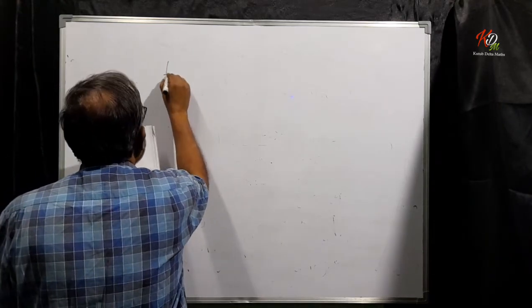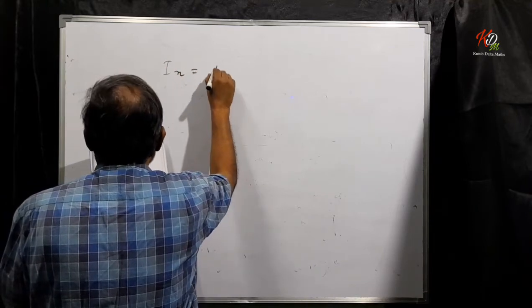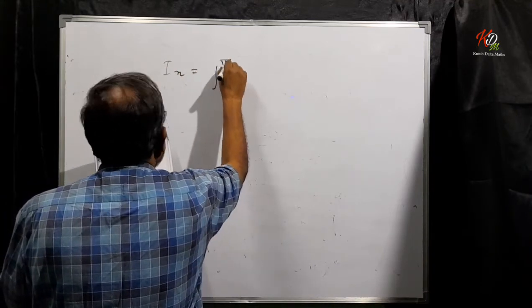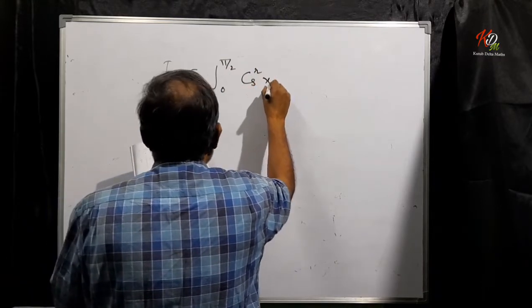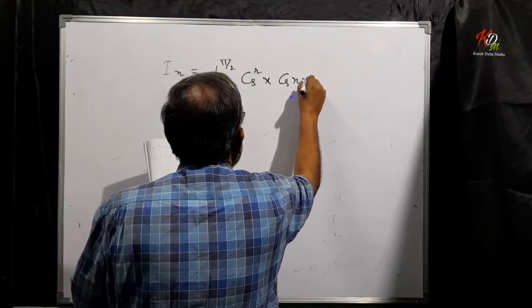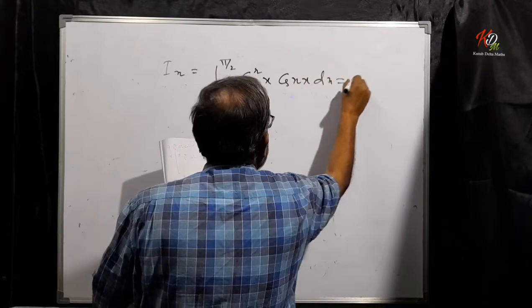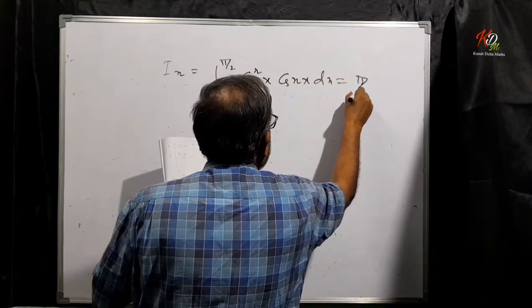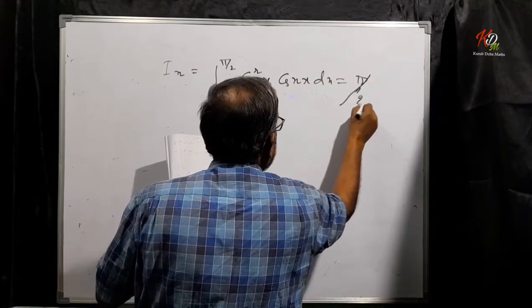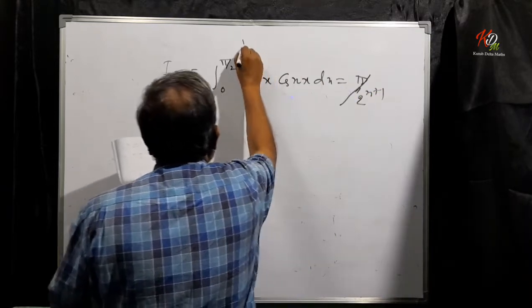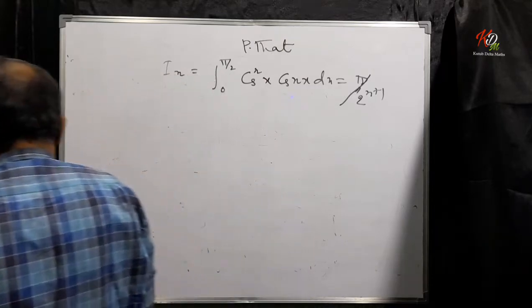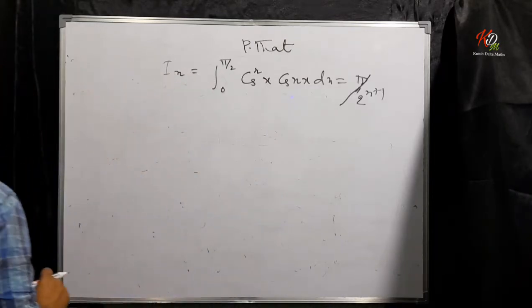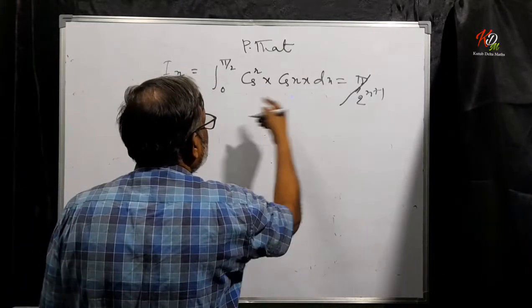I n equals integral from 0 to pi by 2 of cos to the power n x cos nx dx. Prove that I n equals pi by 2 to the power n plus 1. Now easy.